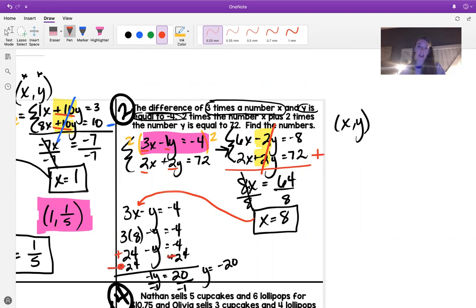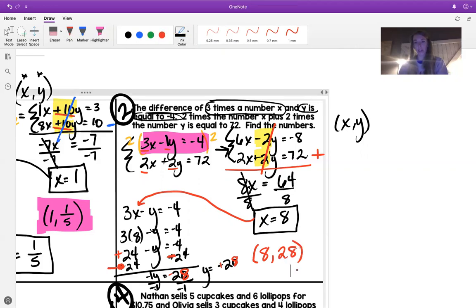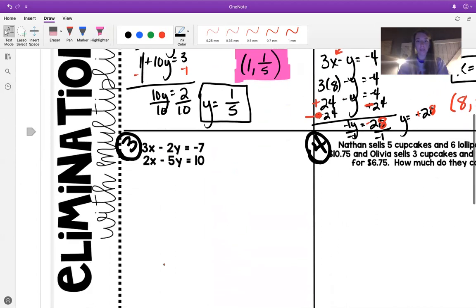So that should be -24, so that should be -28, which will give me a +28 at the end. Sorry guys, it's late. I'm struggling here. All right, so we've got 8 and 28 is where they intersect. Okay, moving on.